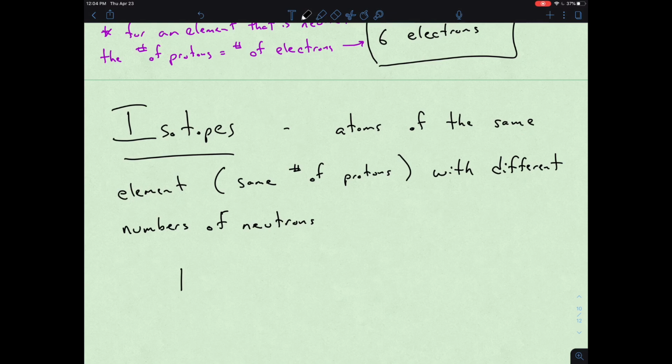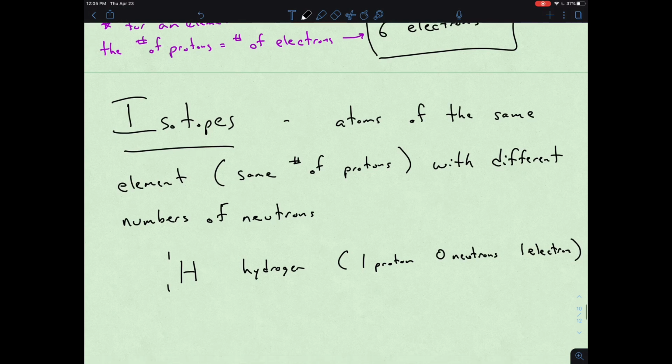As an example, we could look at hydrogen. If we look at hydrogen, it has 1 proton, 0 neutrons, and 1 electron based on its neutral species.